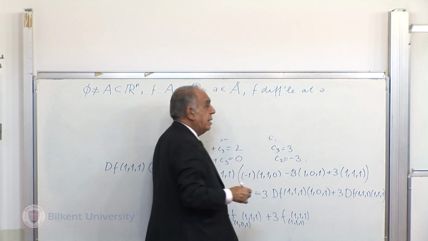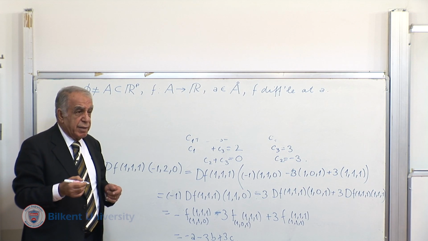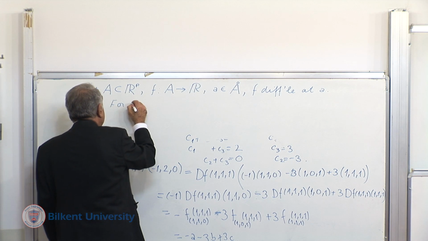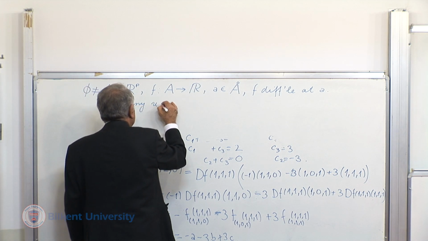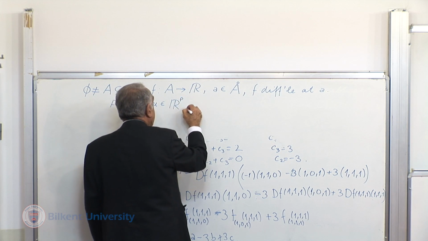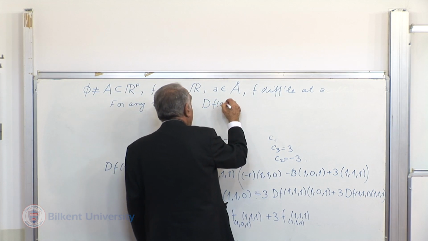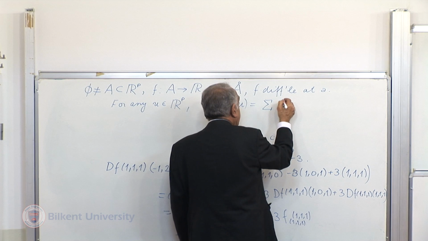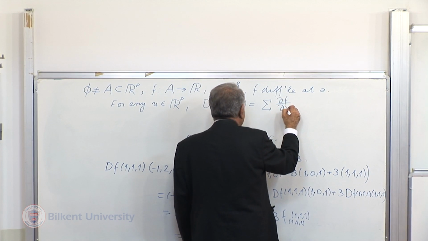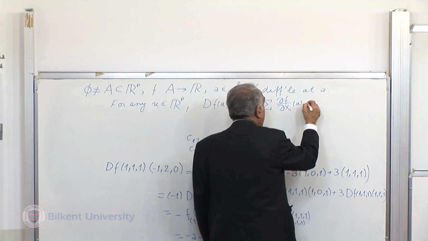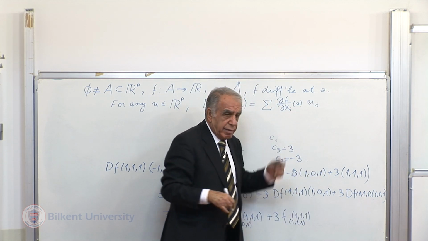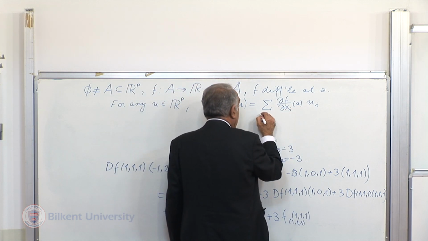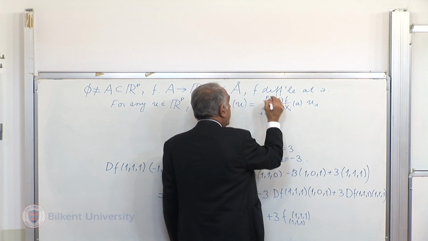This implied that all the partial derivatives of f at a exist, and moreover, we have that for any u in Rp, df_a evaluated at u turned out to be just the various partial derivatives of f at a, where each partial derivative was multiplied by the corresponding component u_i, when i runs from 1 to p.